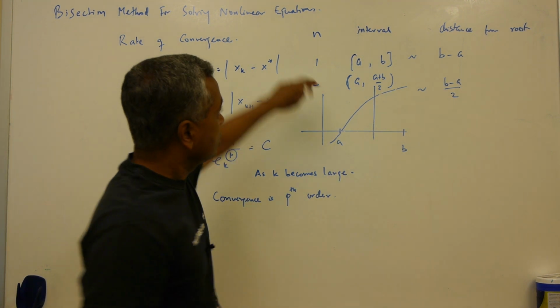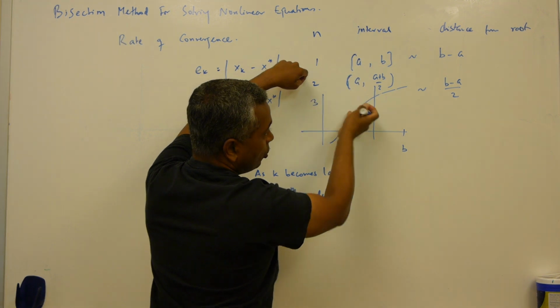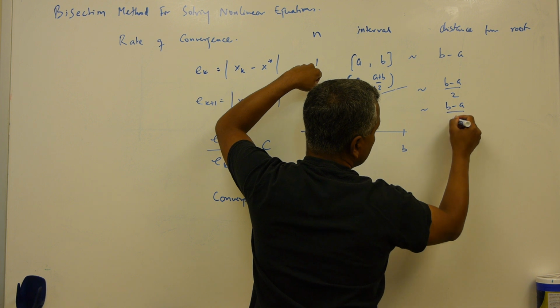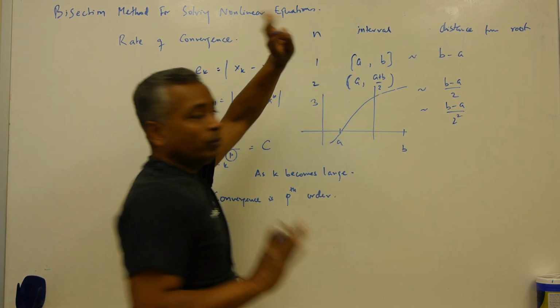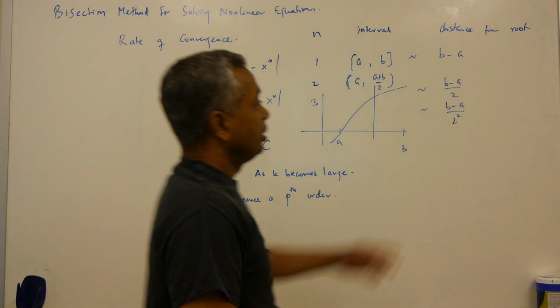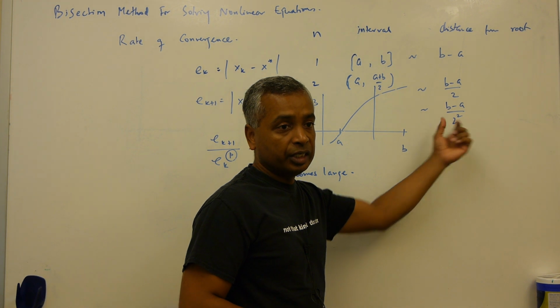As you go through at n equals 3, the interval will become b minus a over 2 squared. Once again, it's exactly the same as binary search. The worst case distance from the root simply halves at each step.